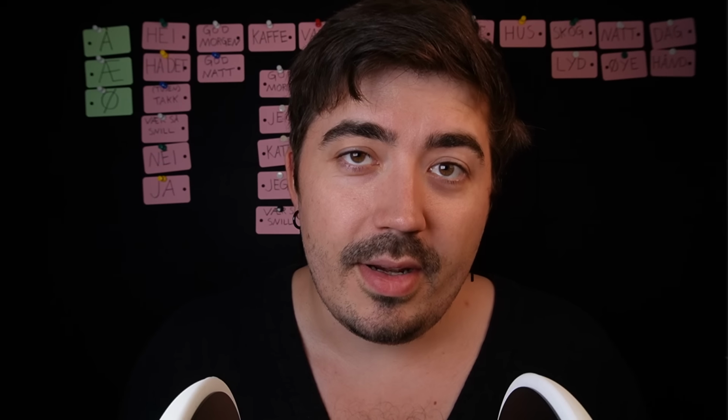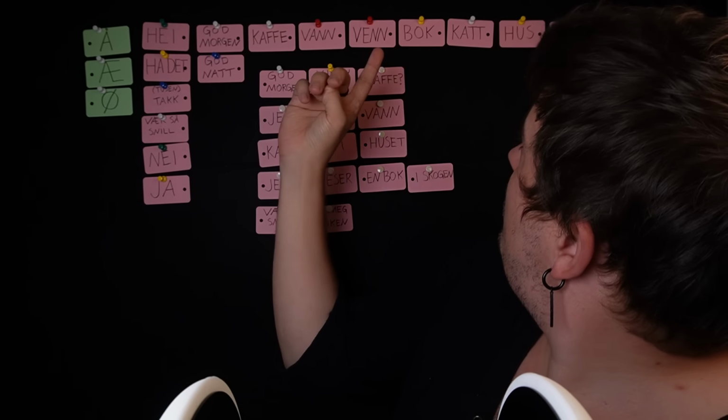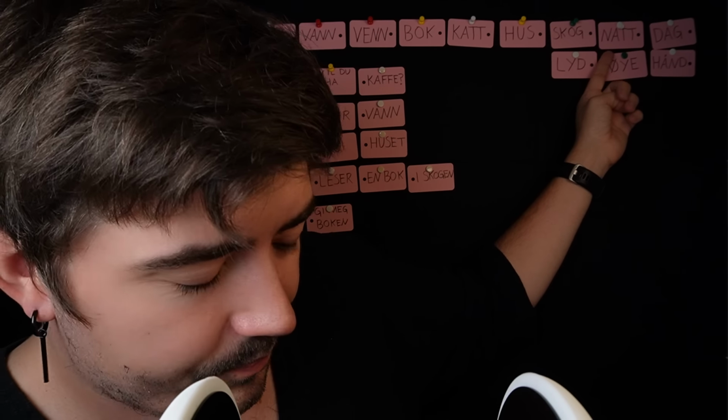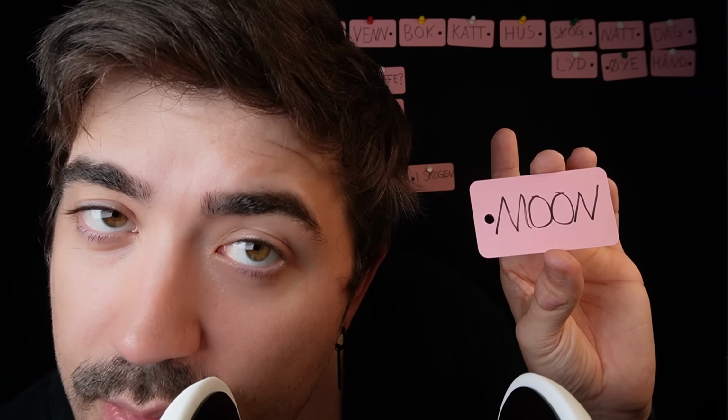And when it is night, let's see, where is it? There we go. When it is night, and it's very dark outside, you might be able to spot some stars and the moon.